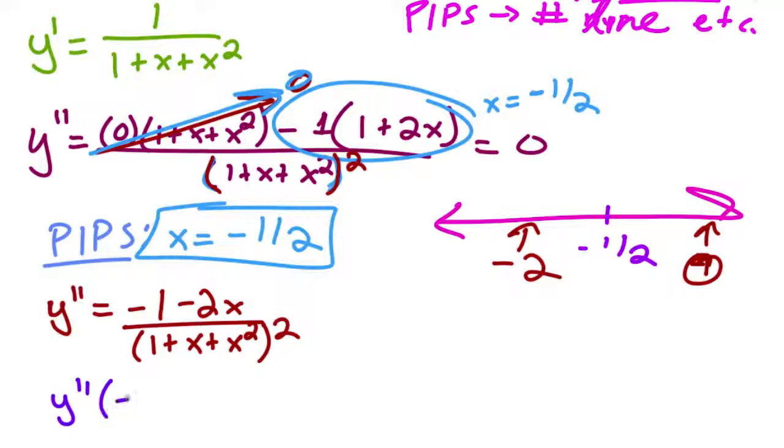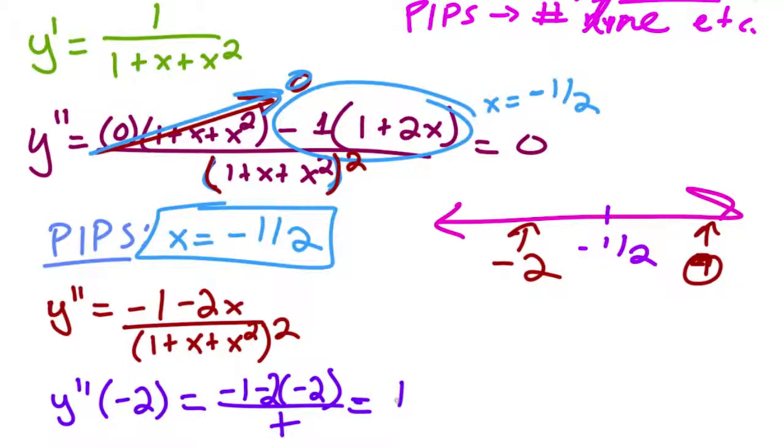Okay, so then y double prime at negative 2 is equal to negative 1 minus 2 times negative 2 over the bottom. I don't even care what it is because I know it's going to be positive because it's squared. And so this is equal to negative 1 plus 4, which is positive, which means it is concave up.